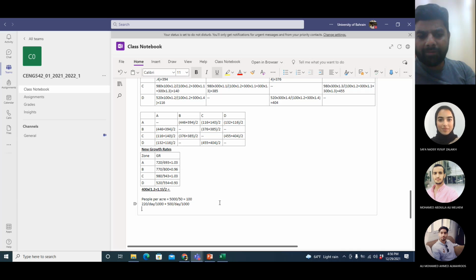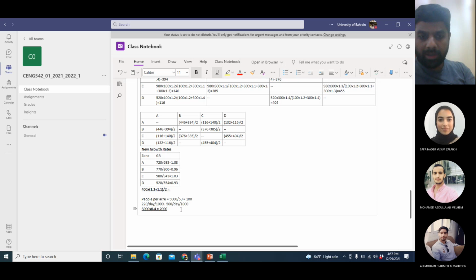So out of 5,000, 40% have 0 car ownership, which is how much? It's 2000, and the remaining is 3000.